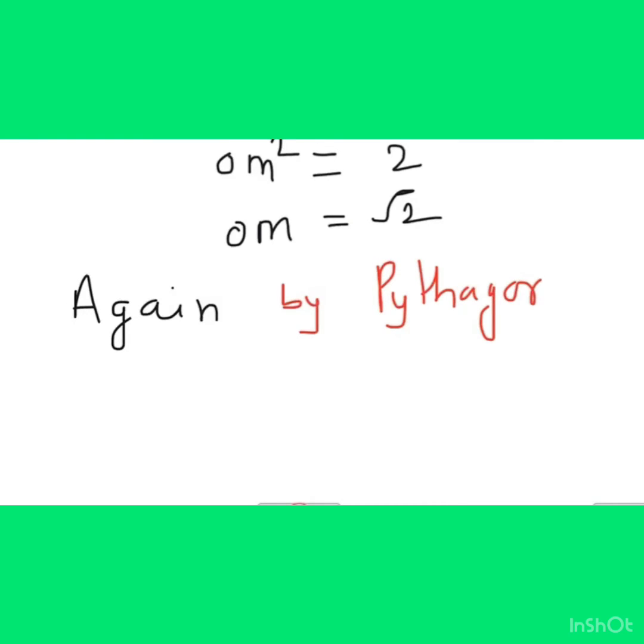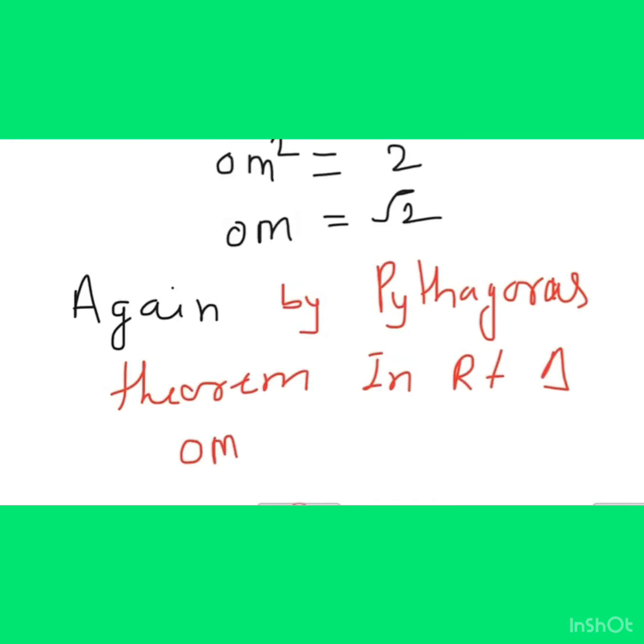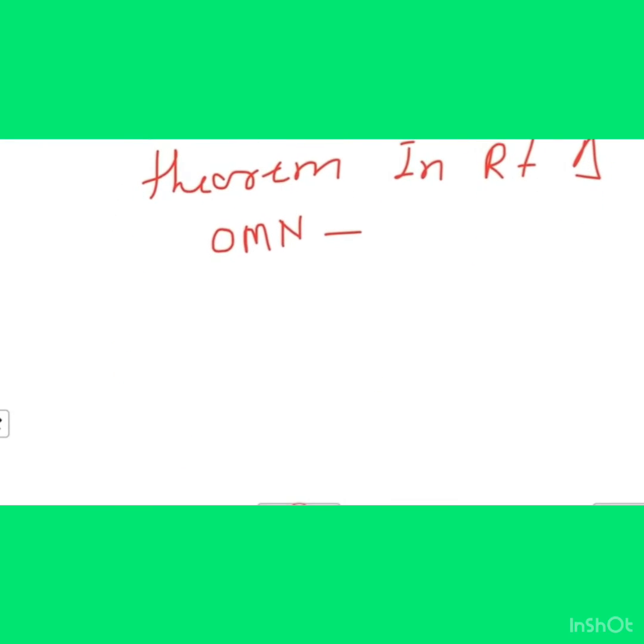Again by Pythagoras theorem, in right triangle OMN, and here you will write just like that, that is OM is ON square.